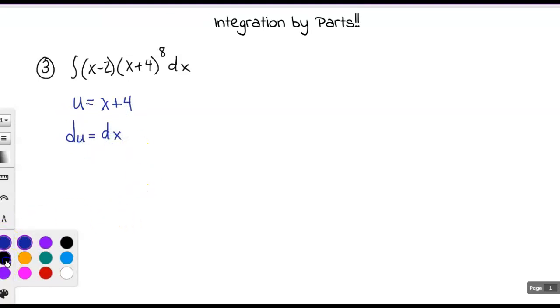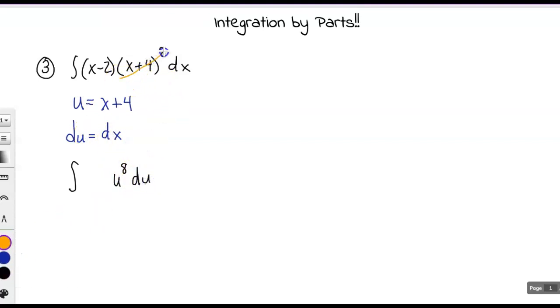Let's rewrite the original in terms of u's. My integral would be u to the 8th times du. That takes care of this whole thing, and my du takes care of this.